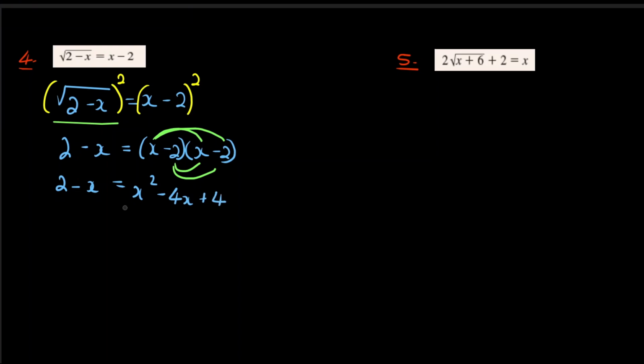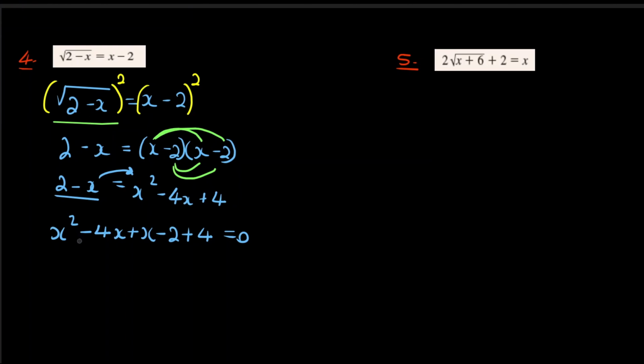Then we just need to group everything into one side of the equation. If we take all these variables to the right hand side, we'll have x squared minus 4x, and the negative x will become positive x, and the positive 2 will become negative 2. And we keep the positive 4, equals to 0. Now we group our like terms.